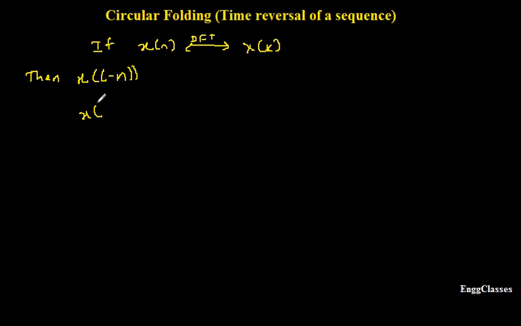Is that okay? So x of minus n, the base is with respect to N, is also equal to x of N minus n. This leads to, if I take the DFT of this, I'm going to get capital X of minus k, modulo N. Whatever the shift I have, it is circular in nature.